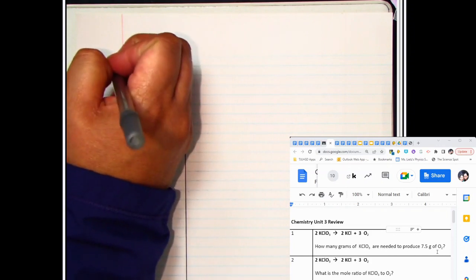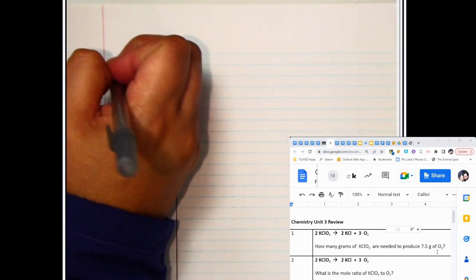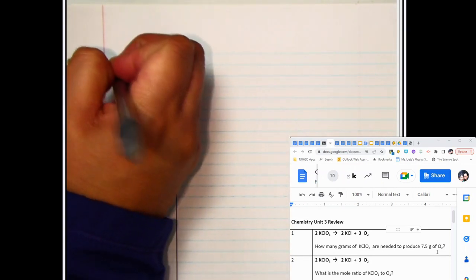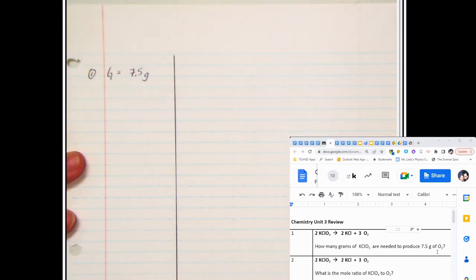What you're going to do is make your list. So number 1, what are we given in this problem? What's our given? Good, 7.5. So my given is, and I'm just going to put a G for given, 7.5 grams of, and we need to put down what compound we're working with.